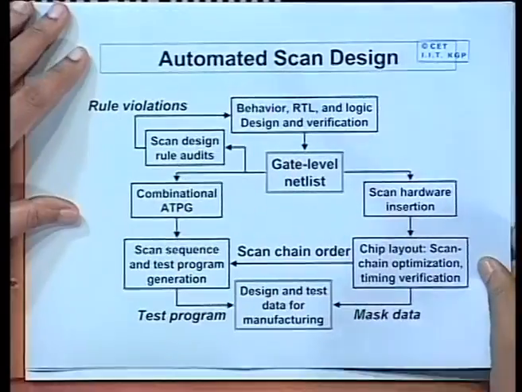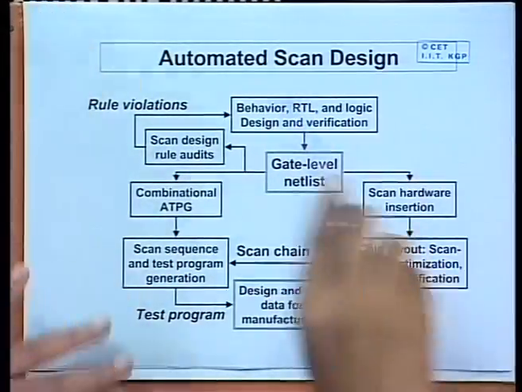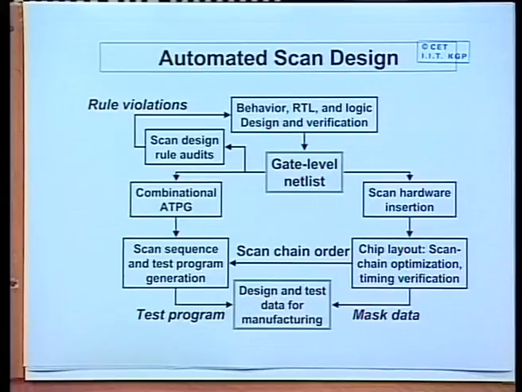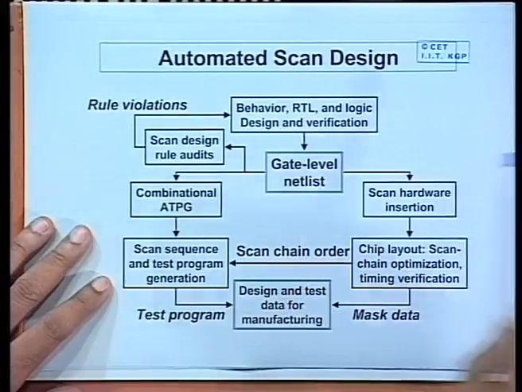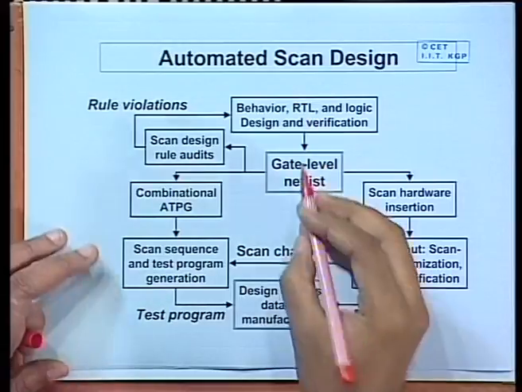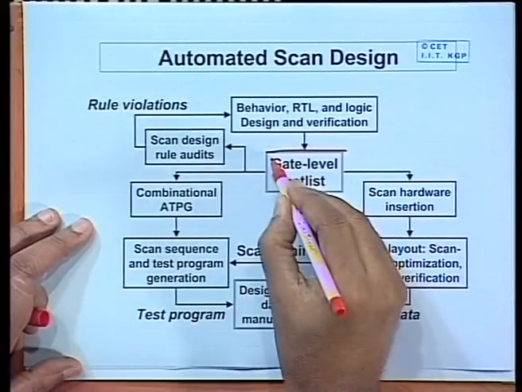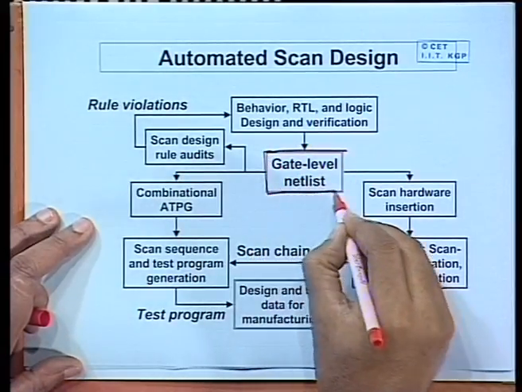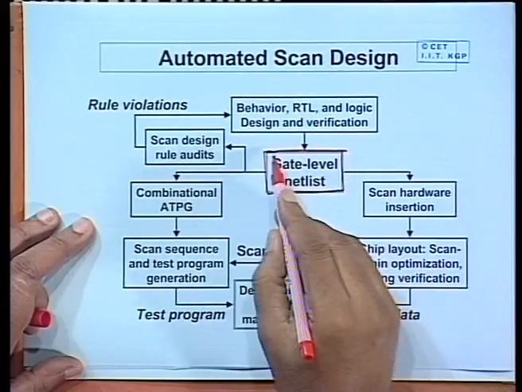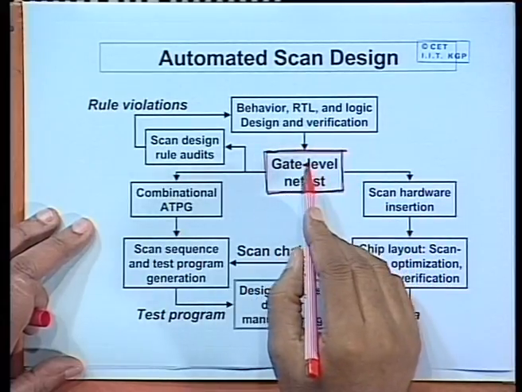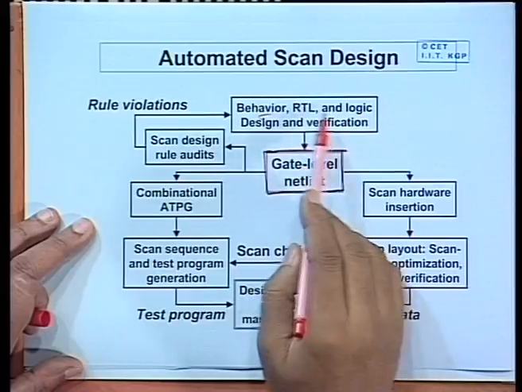So, I am just showing you the overall picture. You have the gate level netlist here. What we normally do in a typical VLSI design flow, we have a gate netlist here which we have obtained through synthesis.